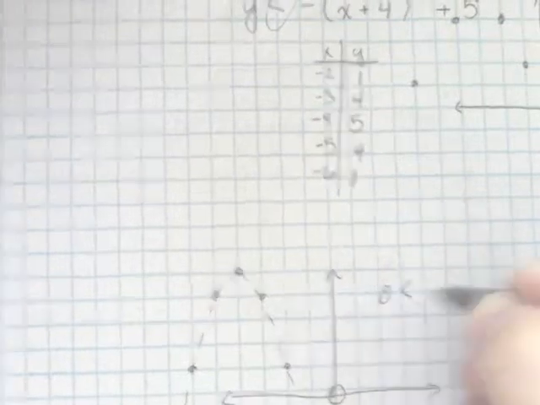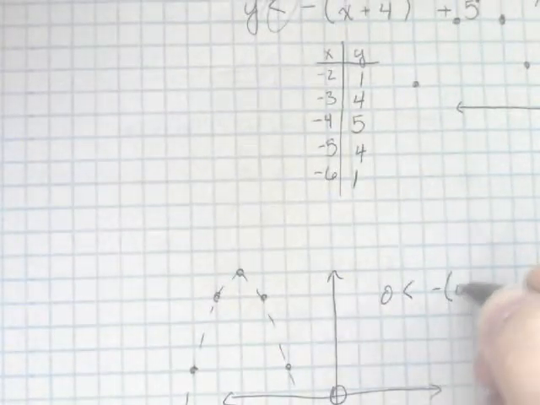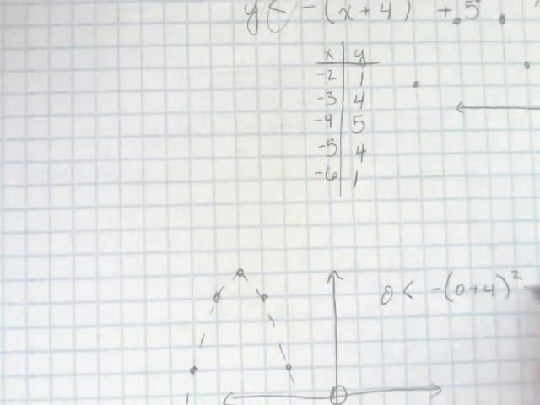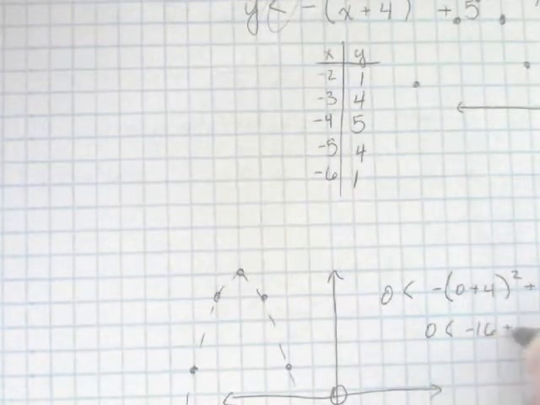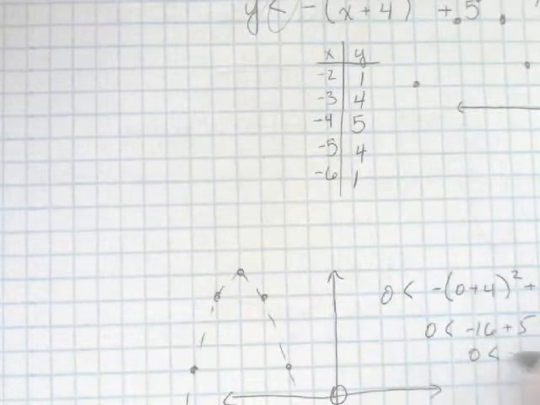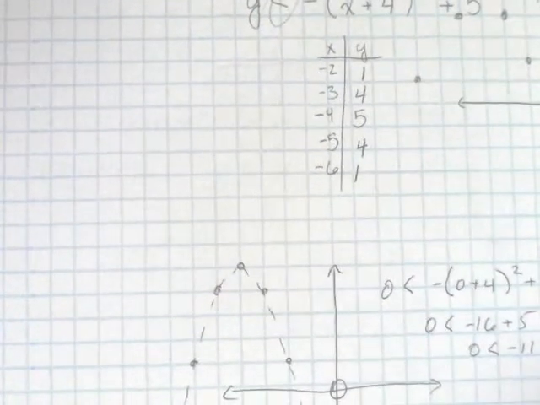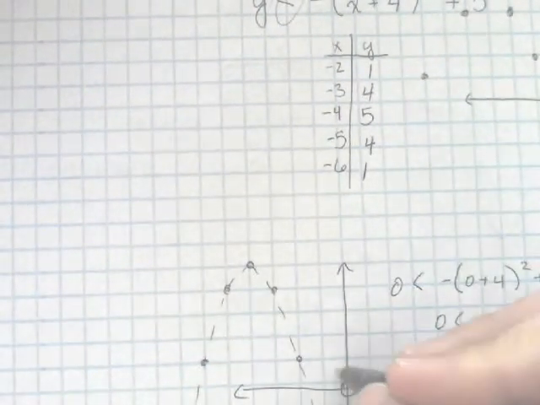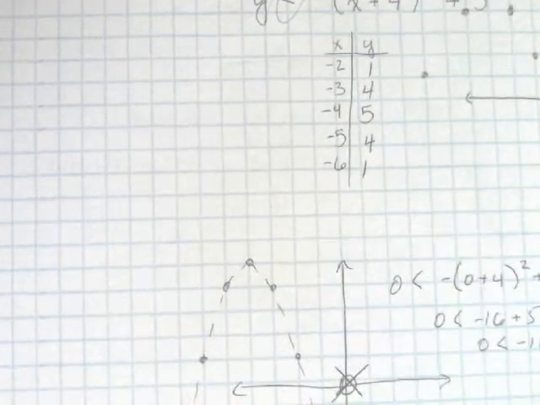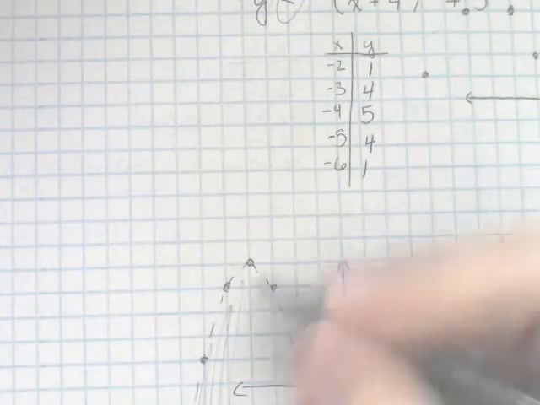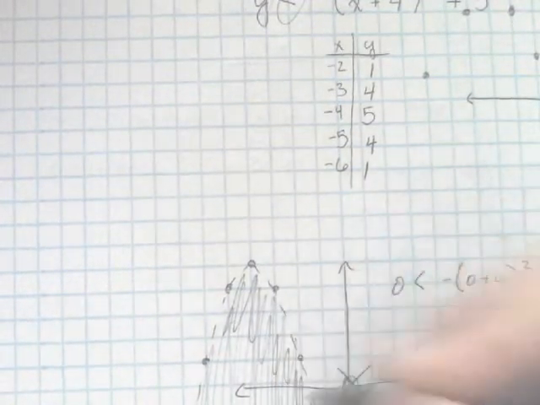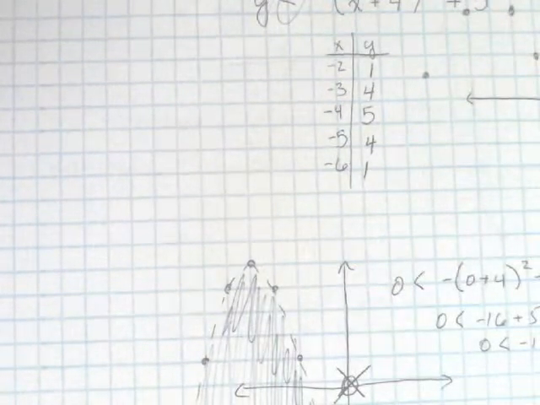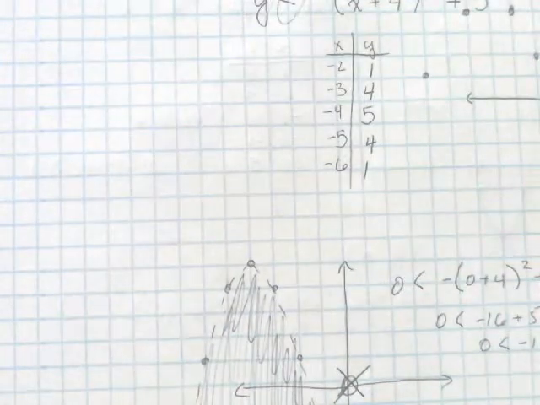So 0 is less than negative 0 plus 4 squared plus 5. 0 is less than negative 16 plus 5. 0 is less than negative 11. 0 is not less than negative 11. So I'm not shading there. Instead, I'm shading the inside once again. So that's how we graph quadratics in two variables.